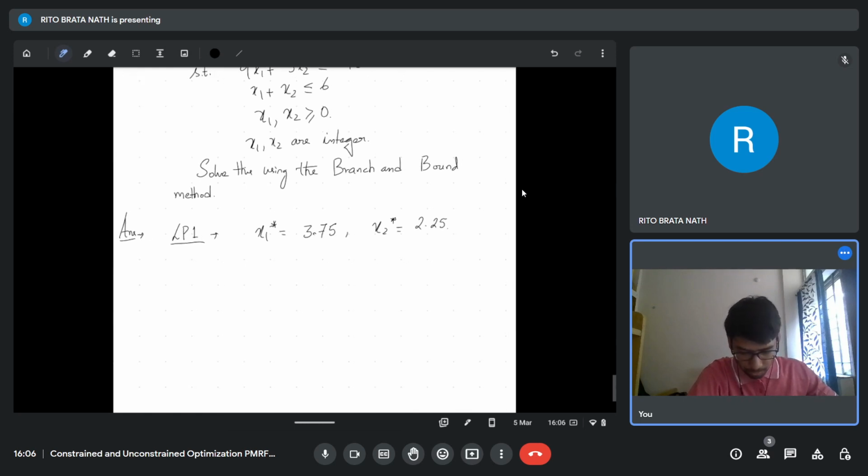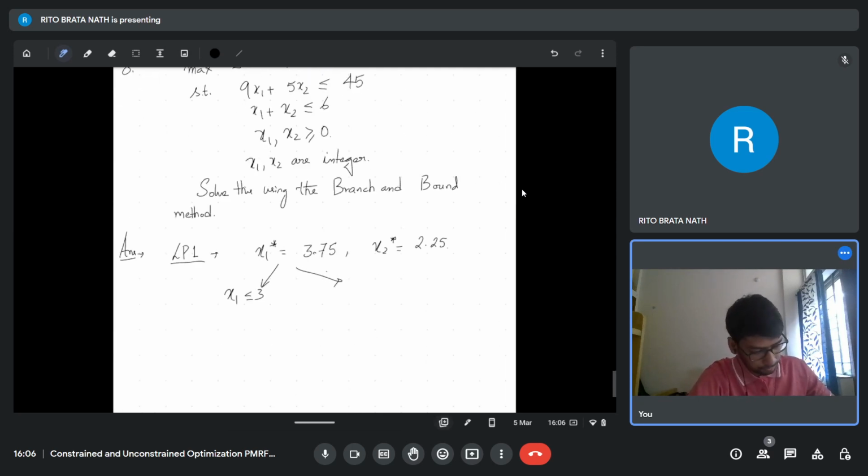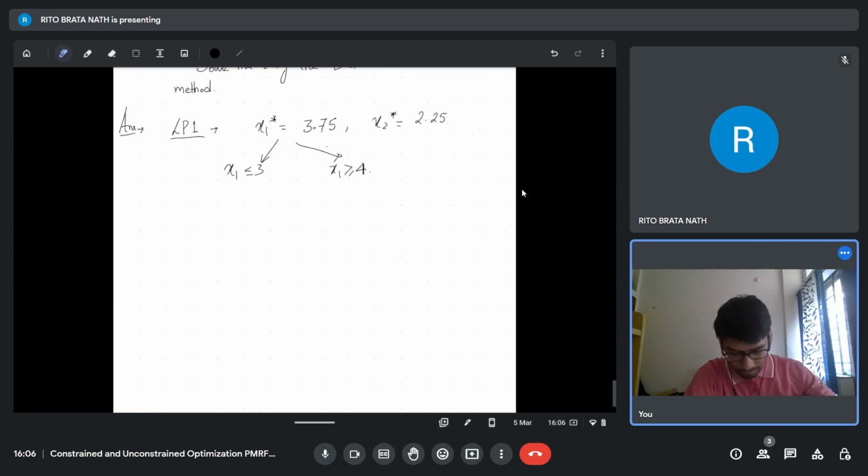Now you have two options for branching. Let's branch with respect to the x1 variable. So it could be x1 less than equals 3, or x1 greater than equals 4. That's subproblem 1. If you solve this using LP again, you'll be left with x1, x2 star equals 3 and 3.